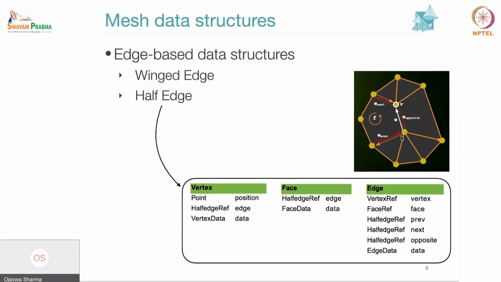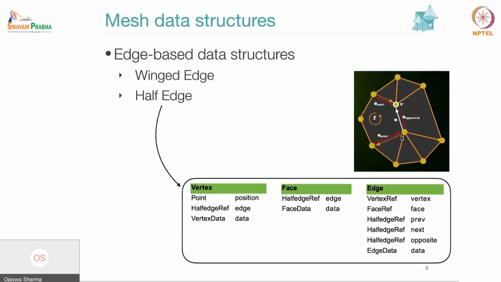The edge data structure has a vertex reference, which points to an index or a reference pointer from the vertex array. Then it has a face reference, which points to a face. We'll talk about the face structure. It has a half edge reference to the next and the previous.